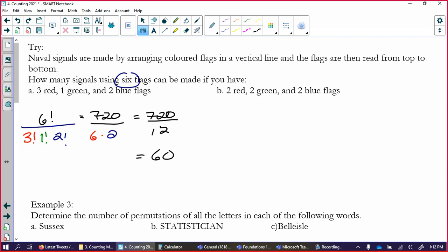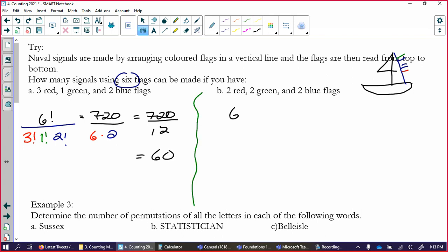So this is like if you have a boat, mast, sail. From the mast down, there's lines, and you can put different flags, and they mean different things.